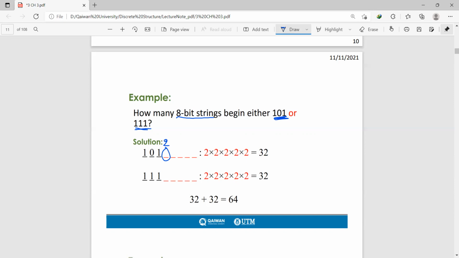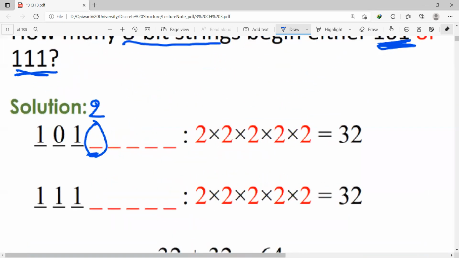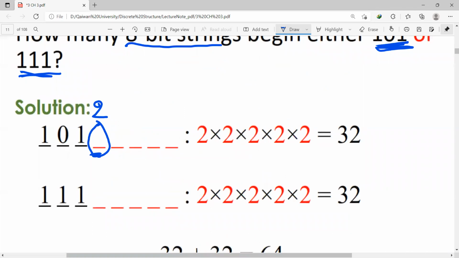We have 2 ways to choose this bit. Here we have 3 bits, and we must have 5 more to get an 8-bit string. For each bit we have only 2 choices, that means there are 2 ways for choosing any bit, because it's either 0 or 1.